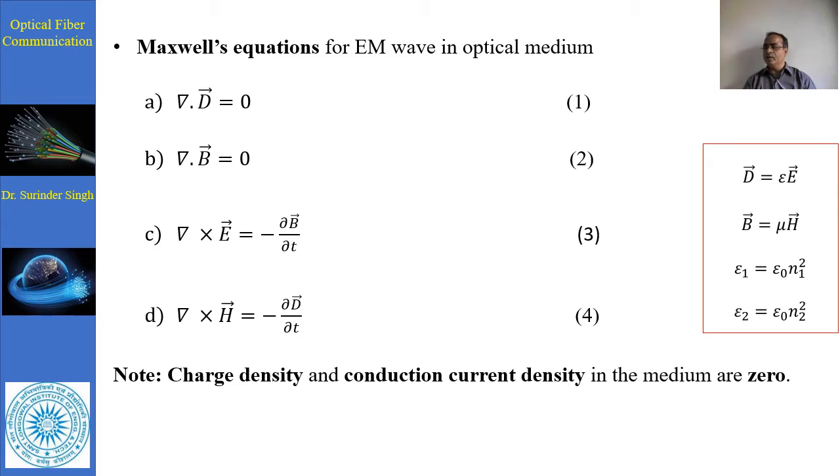Epsilon is the permittivity of this dielectric medium or dielectric constant, and mu is the permeability of this medium.